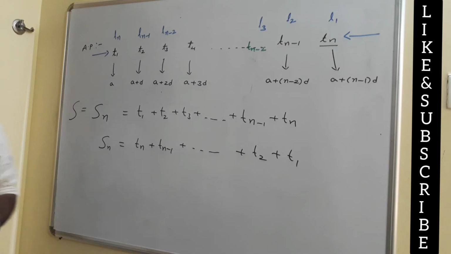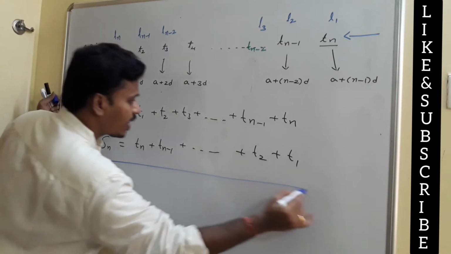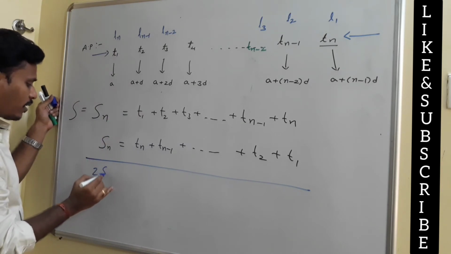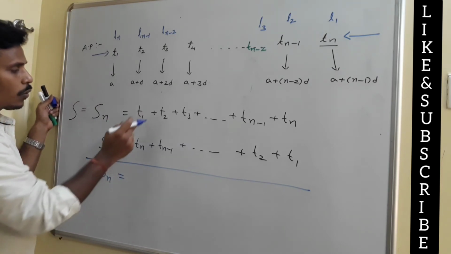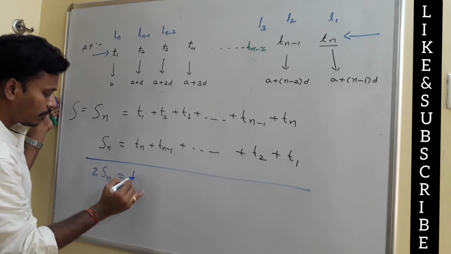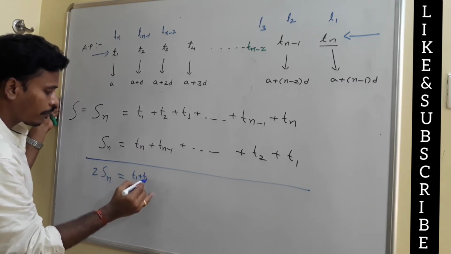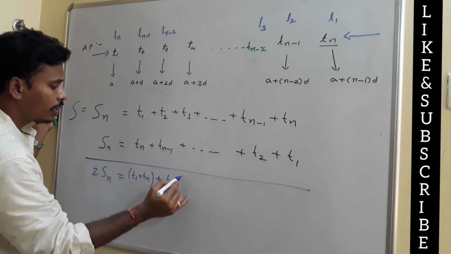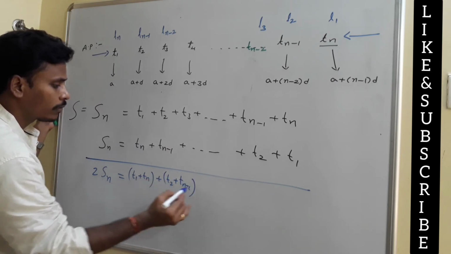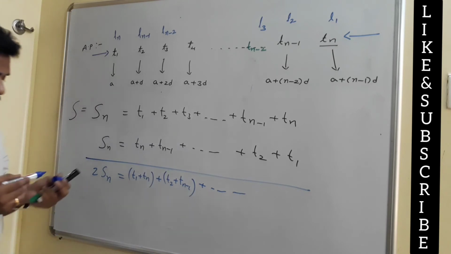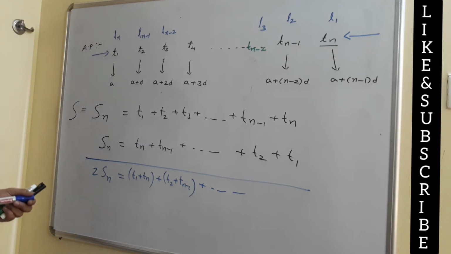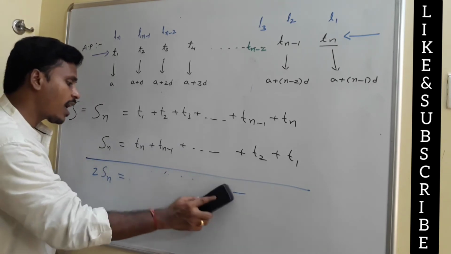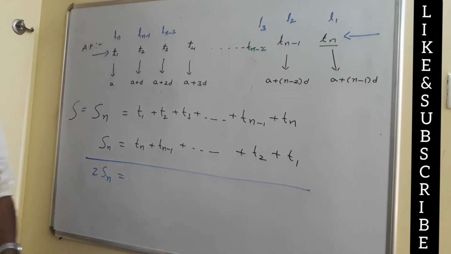Now if you add these two, how does it become? Sn and Sn is just 2Sn, 2 times of Sn is equal to T1 plus Tn, right? And the sum of the next two is T2 plus Tn minus 1, like that and so on. You know that T1 plus Tn is nothing but the first term from the start and the first term from the end.